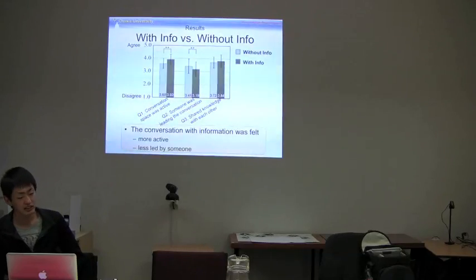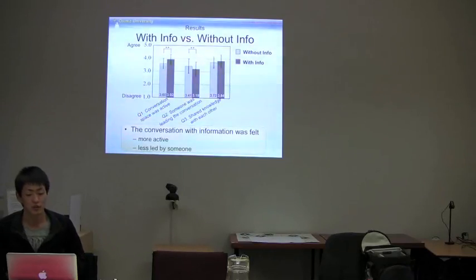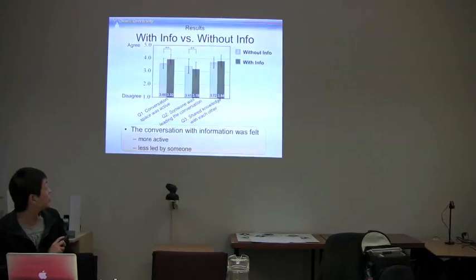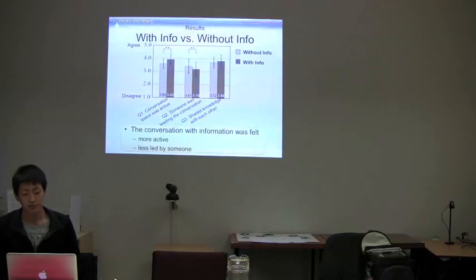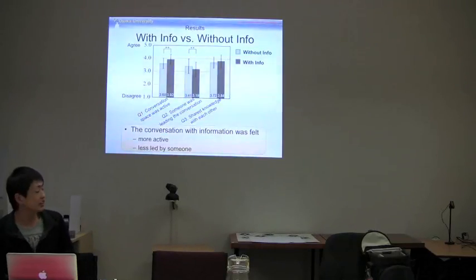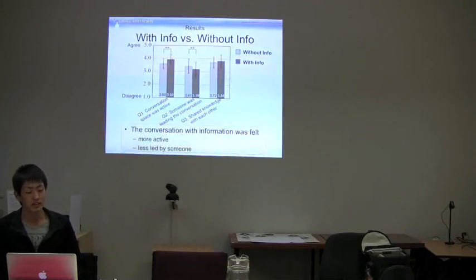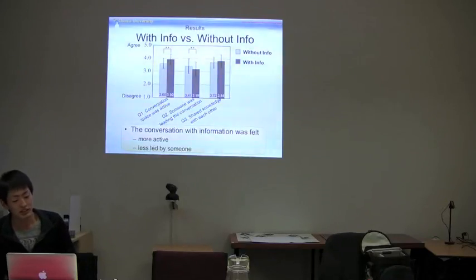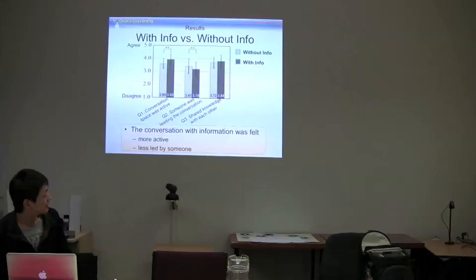As you can see in the graph, the conversation felt more active with information than without. On the other hand, participants felt that the conversation was less led by someone with information than without.